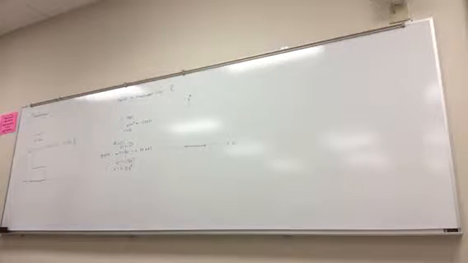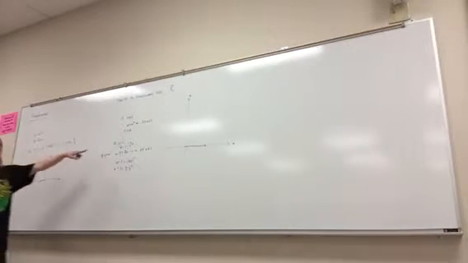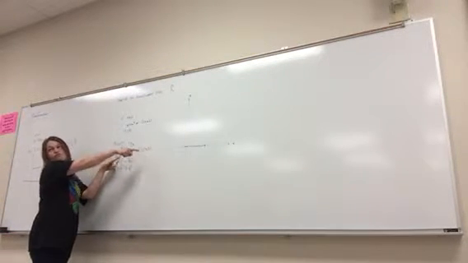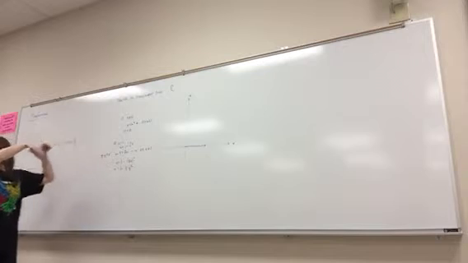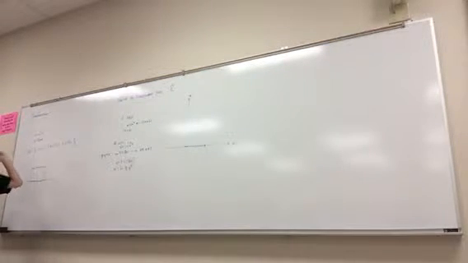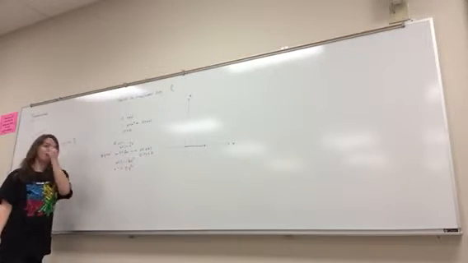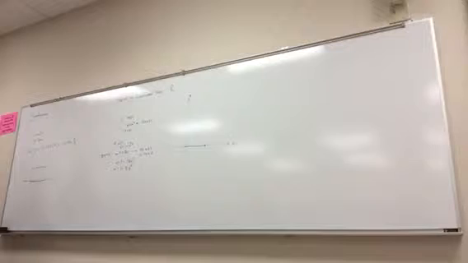The biggest I could make y would be if I plugged in 1, so I would get 2, and the smallest I could get would be if I plugged in 0. So y is running between 0 and 2. Are we okay with that?